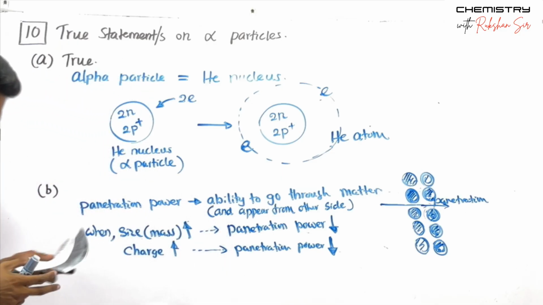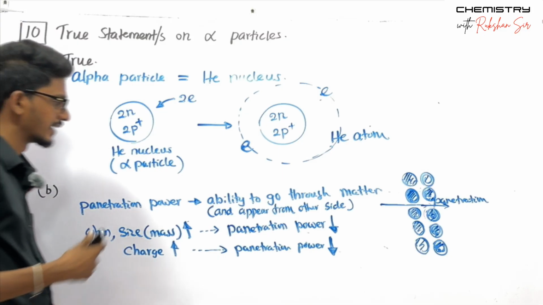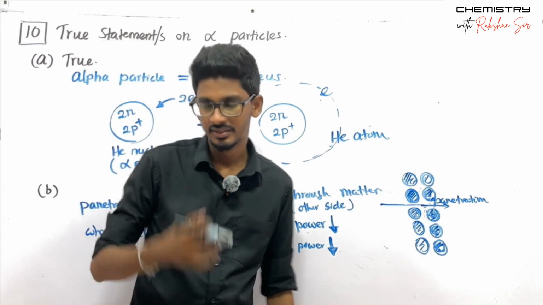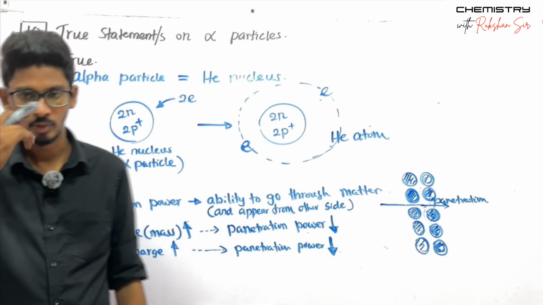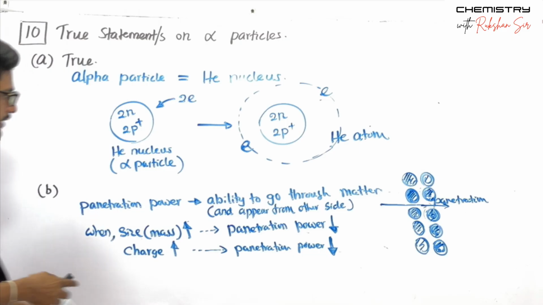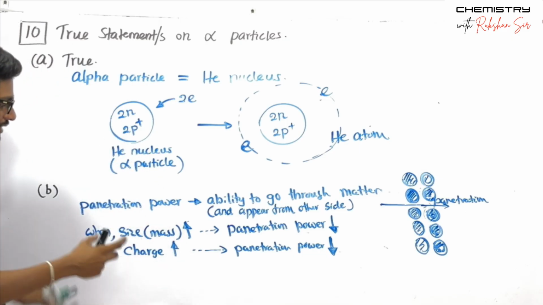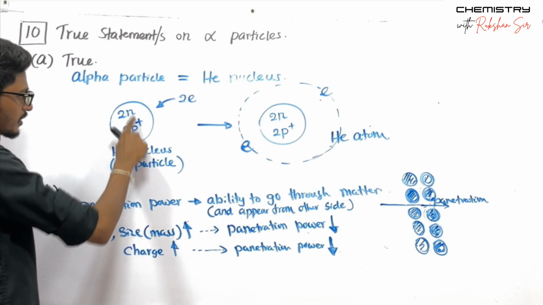So when it comes to alpha particles, compared to other particles like electrons as well as neutrons, even compared to protons, the alpha particles are with 2+ charge. The charge is high as well as mass is also high. 2 protons and 2 neutrons are there.